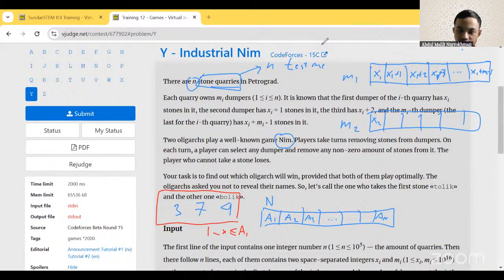Yes, second, correct. The winner is a player who makes all of them empty, so the next player cannot make a move and loses the game. And the correct answer, the winner is the second player.